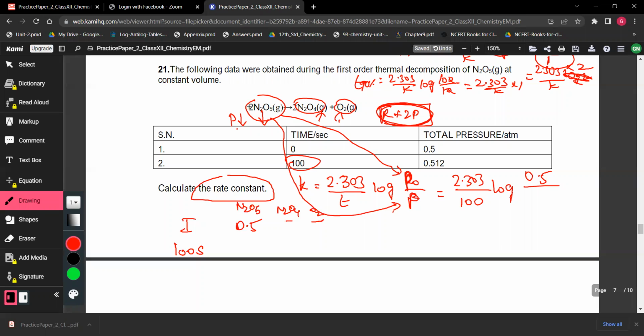See, supposing the stoichiometric coefficient, whatever is there, take that into X. So 2 into some X value. We don't know by how much it has decreased. So we take the decrease in pressure as 2x from the original pressure. The pressure of N2O5 has decreased by 2x. So 0.5 minus 2x.